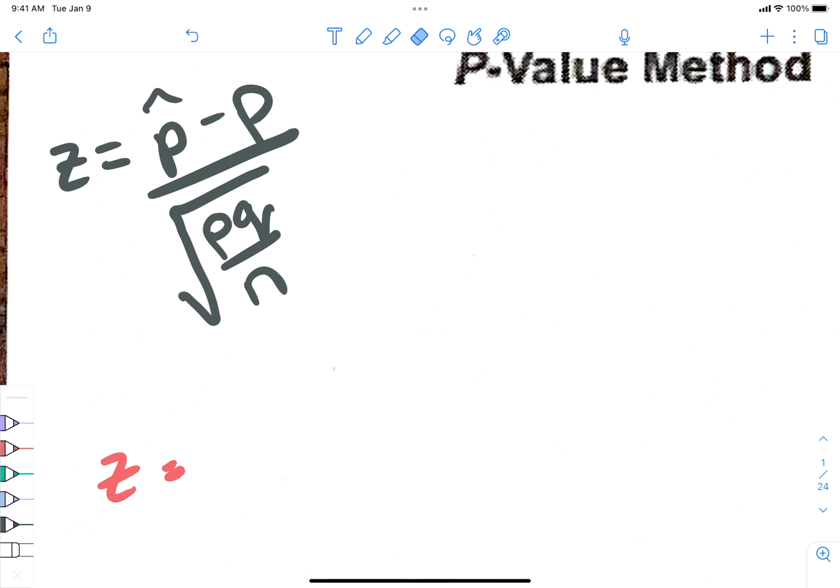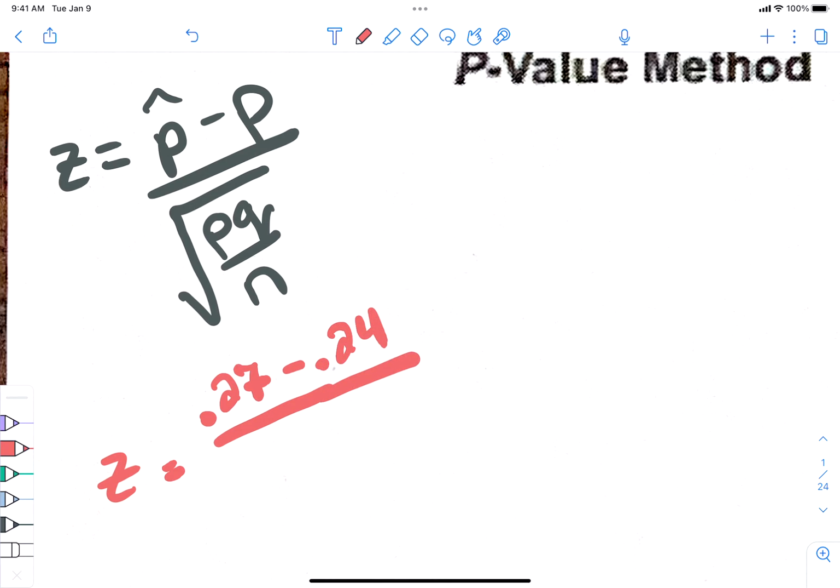P hat minus P over the square root of PQ over N. This is the Z that we're going to calculate. It's always this formula for proportions. We've labeled stuff up at the top. Which one is P hat? 0.27. That's my number. The sample that we got said 27% were blue, in comparison to the P that they think, which is 0.24.